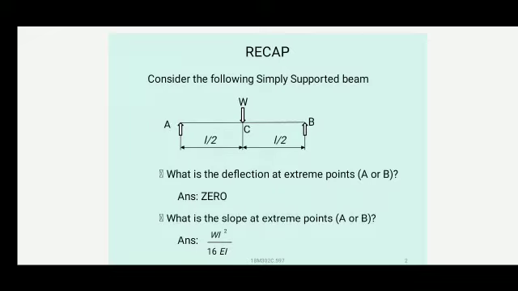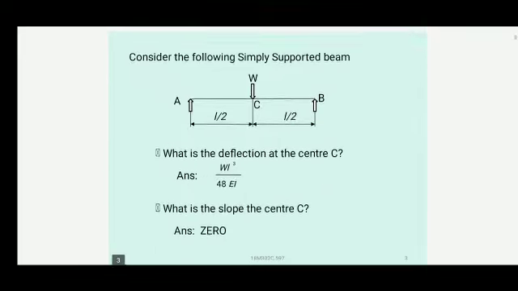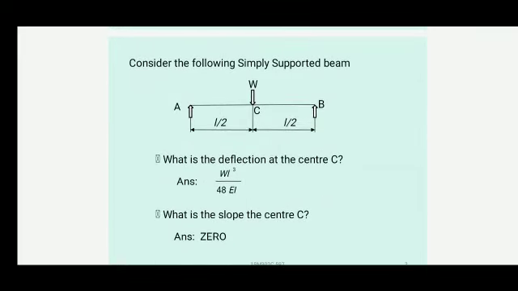The deflection at extreme points is 0, and the slope at extreme points is WL square by 16EI. For a simply supported beam, the deflection at center C is WL cube by 48EI, and the slope at the center point is 0.